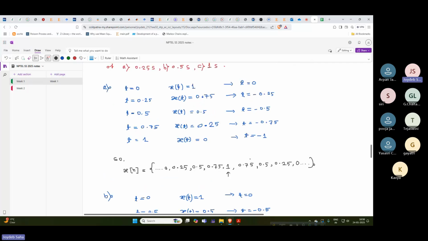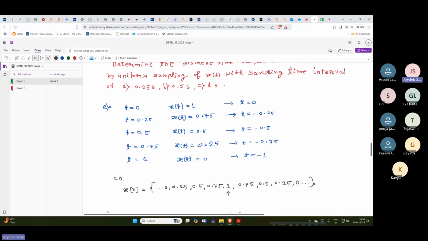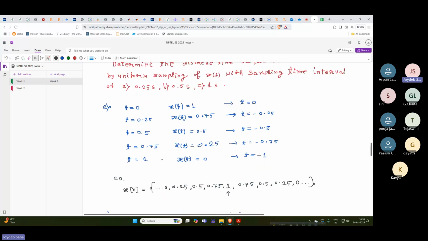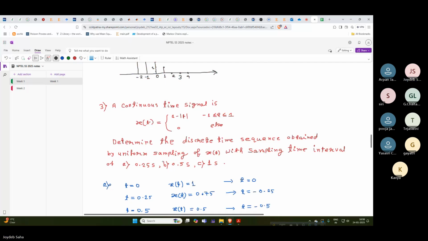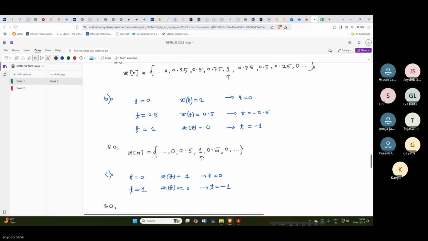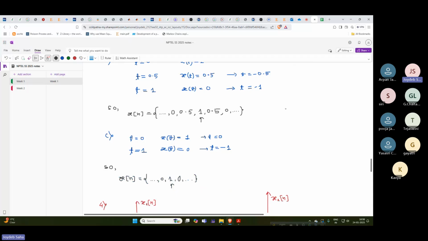In similar manner, if we want to plot some other things like x[n] in question 3, what will we get? In similar manner you can plot, right? For example, here if we want to plot x[n], this is a sequence.